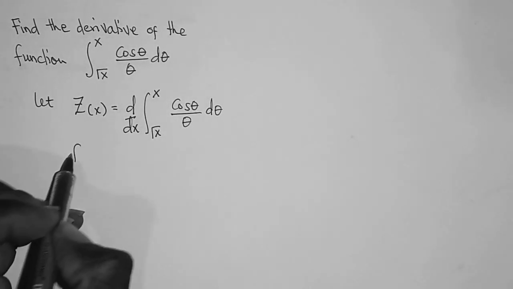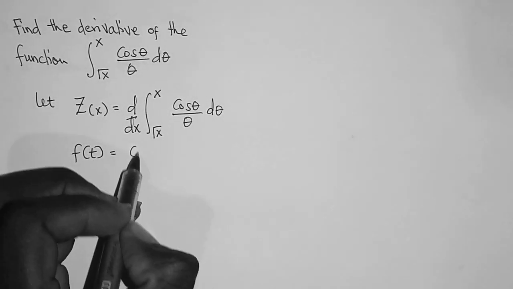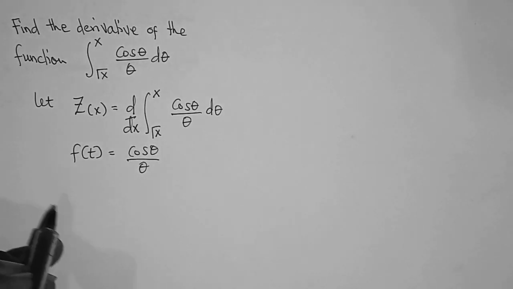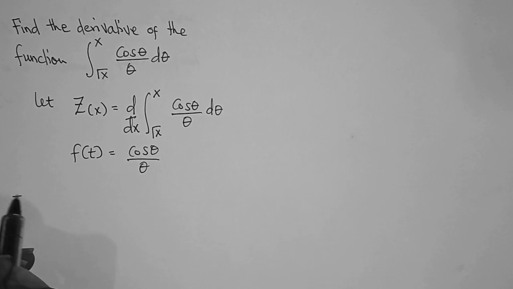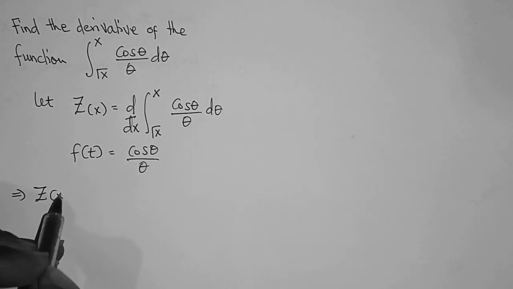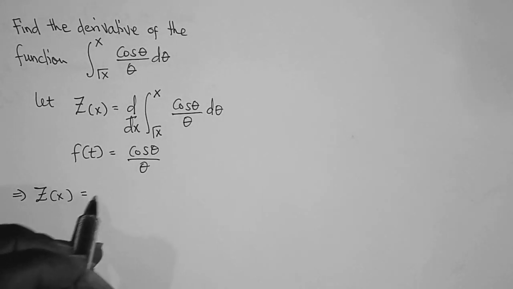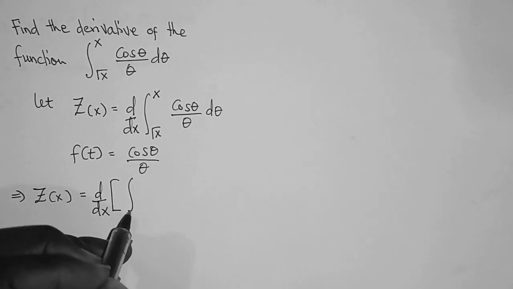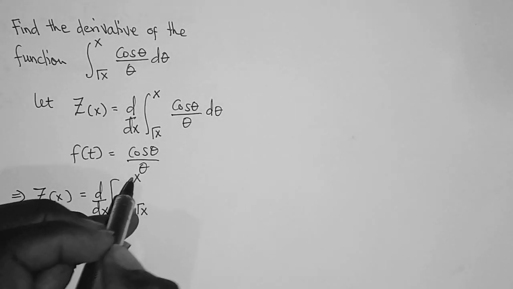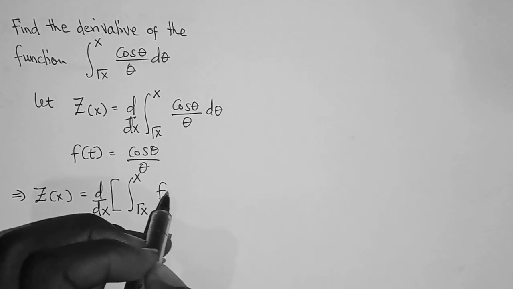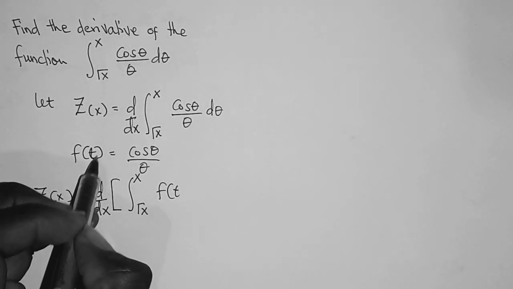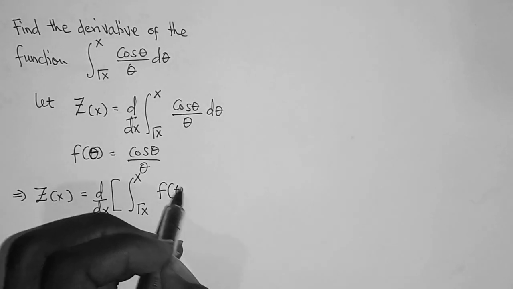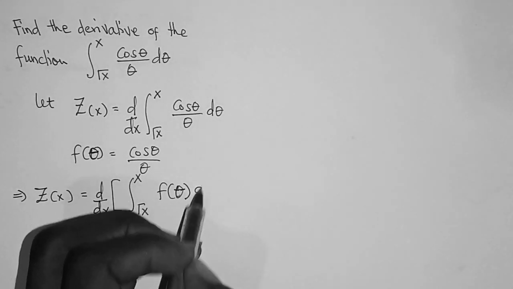Then now f of t is equal to cos theta over theta. So it implies that Z of x is equal to d dx of the integral from root x to x of small f of t. Let's make the correction. So here's f of theta d theta.